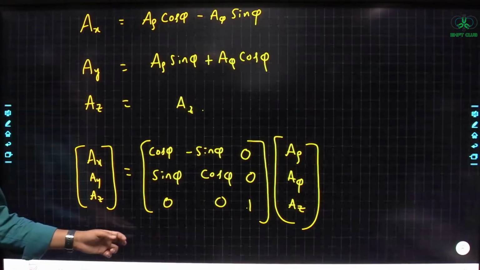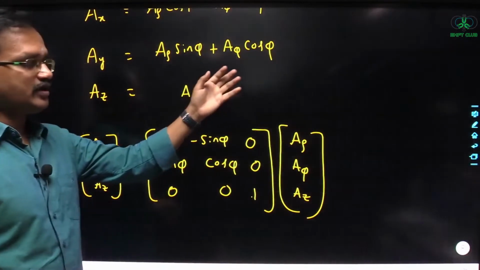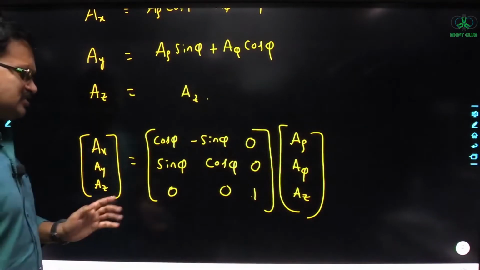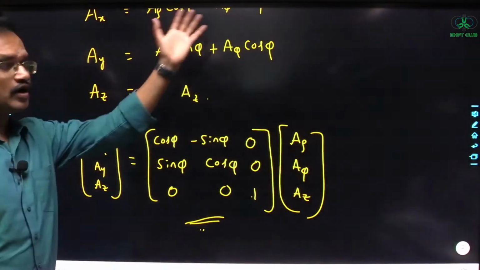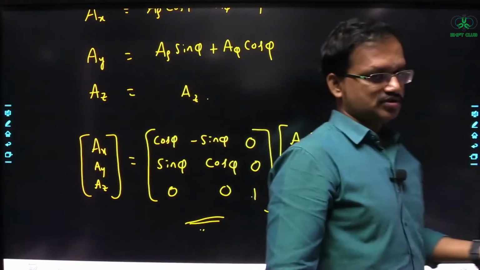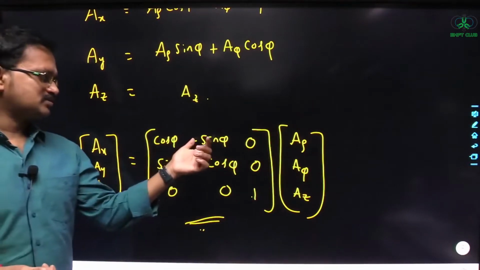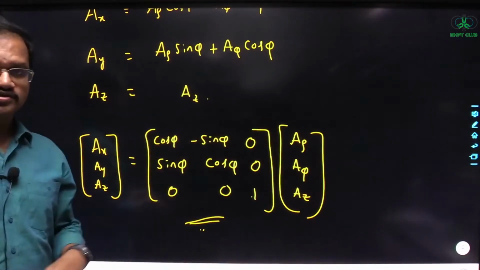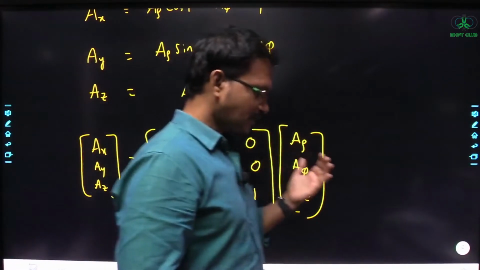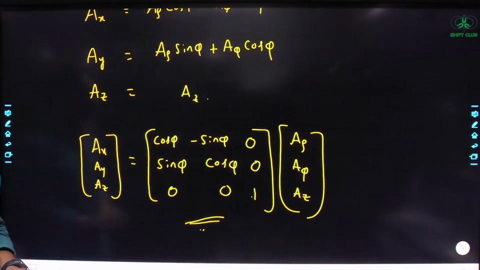So we have converted the cylindrical vector into rectangular coordinate system. See, there is no need to remember all these things here, just follow the procedure. It is always safer to follow the procedure. If you remember this as a formula, there may be a chance that you miss a plus or minus sign, or put sin in place of cos, and then the answer is going to be wrong. So instead of this, you can follow the procedure, that is the best way.